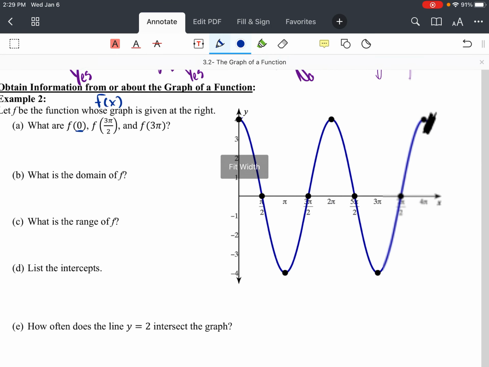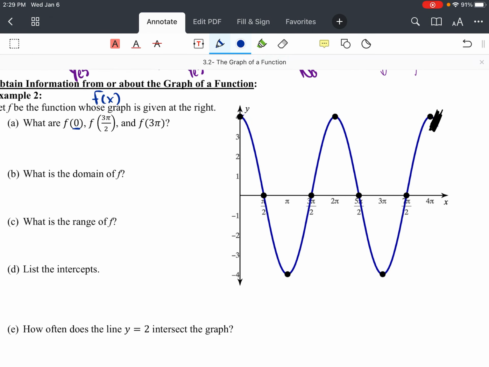Okay, so what I'm going to do is look on my graph where my x is equal to 0. So in this case, my x is 0 right here. So if x is 0 here, what is my f of x? Well, my f of 0 is going to be at 4. So f of 0 is actually equal to 4.